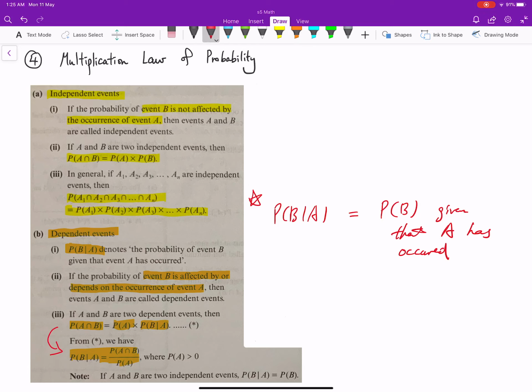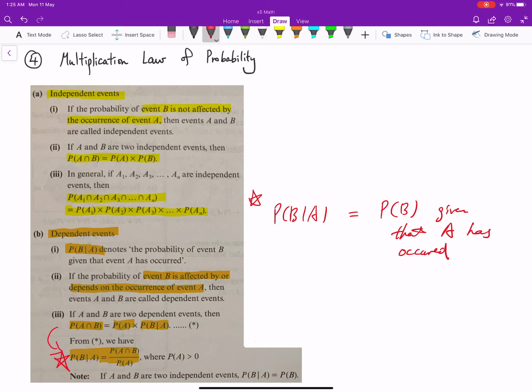Okay, so if you ask me, this one is more important, or is what you need to remember. Okay, for the first one, you don't need to remember it as an extra one. You just use the first one and extend the idea.